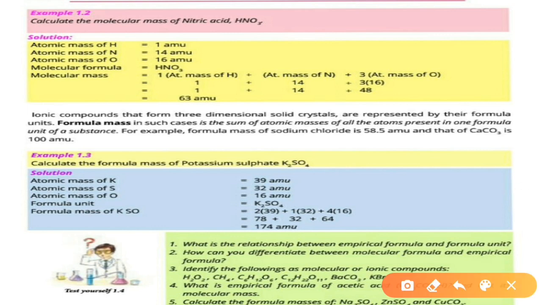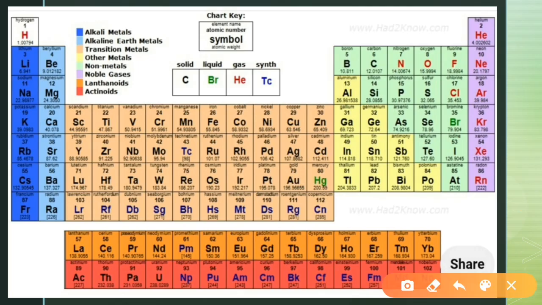So calculate the formula mass of potassium sulfate. This is an ionic compound similar to calcium chloride, sodium chloride, and calcium carbonate. So take sodium chloride. This is a formula unit, and you are going to find its formula mass, but the process is the same.